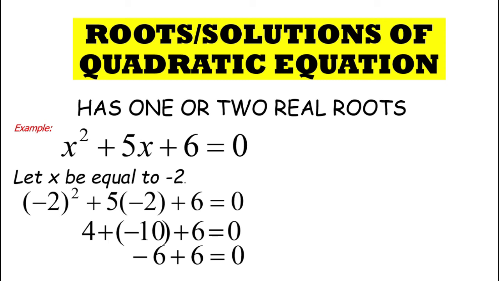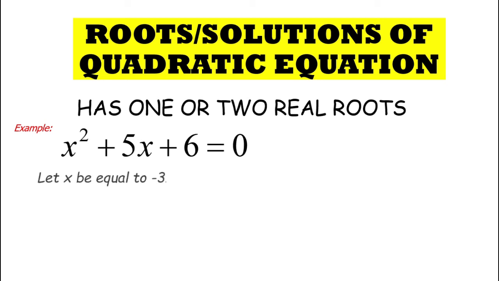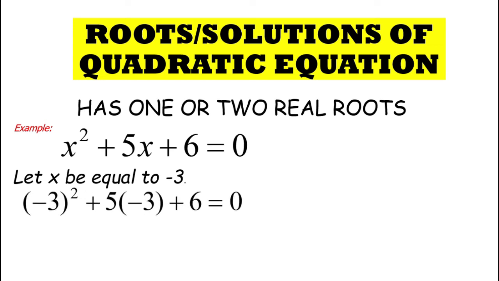Now there is another value for x, and that is right. X is equal to negative 3, because if we substitute negative 3 to our quadratic equation, it will become negative 3 squared plus 5 times negative 3 plus 6 equals 0.